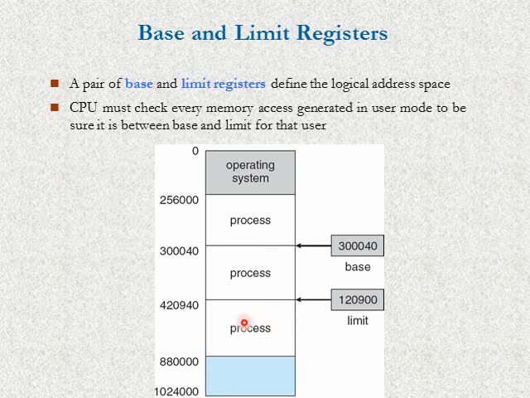For a particular process, that is this P2, we have a value in the base register and we have a value in the limit register. Whatever access request is generated by this process, the CPU will ensure that it falls under this base and limit register.